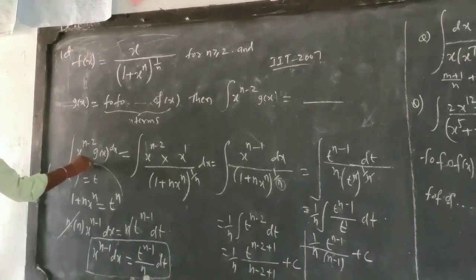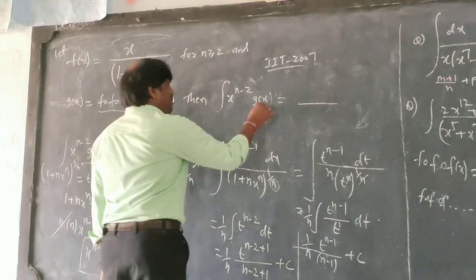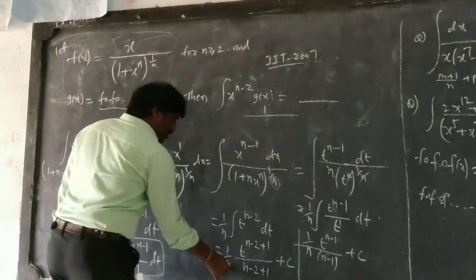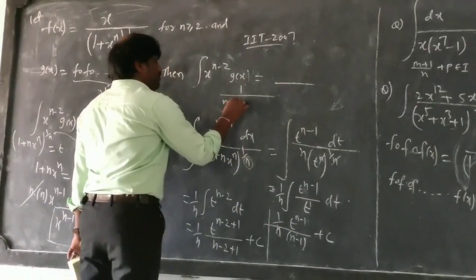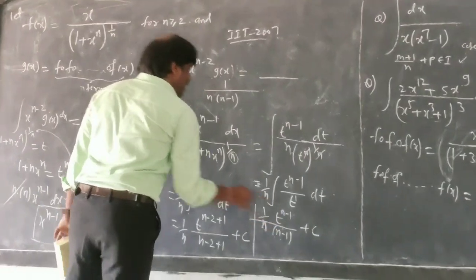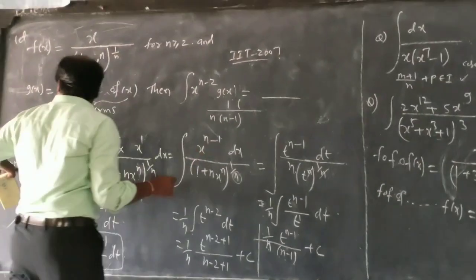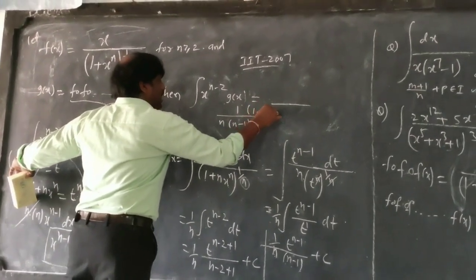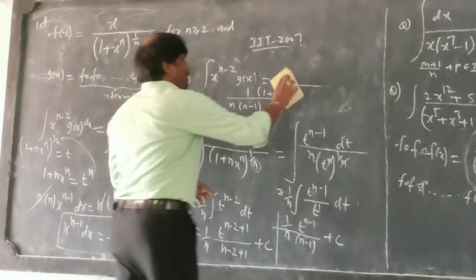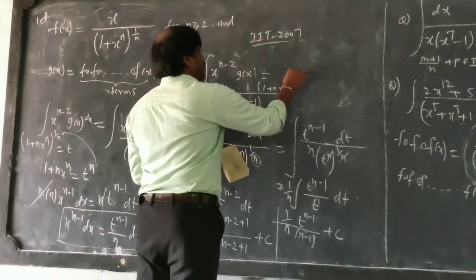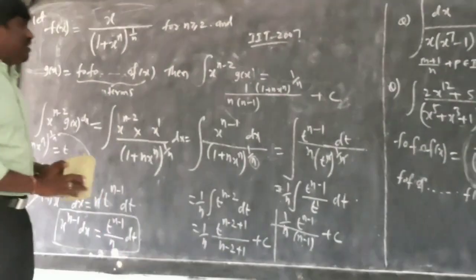So the final answer of this will be 1 upon n into (n-1), into (1 plus x^n) to the power of 1 by n, to the power of (n-1), plus c. This is your final answer.